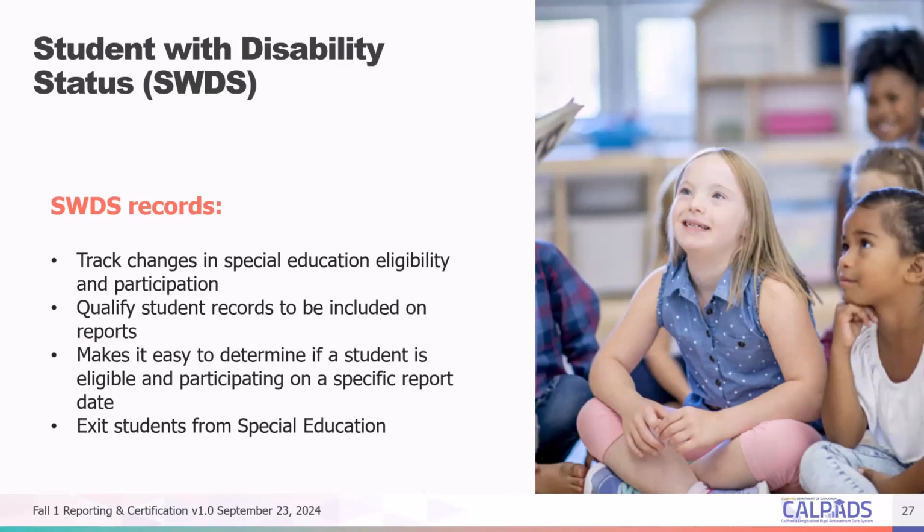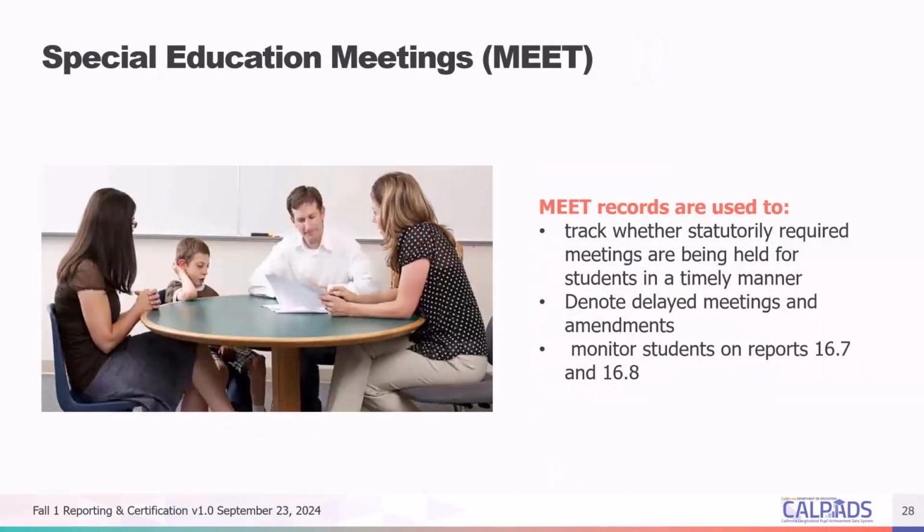A key function now is it exits students from the special education program. And so you have your participation and your status, and those fields are used to, one, identify students who are eligible or not eligible, and then if they're not eligible or if they're eligible and they're not participating, why. The special education meetings file, the MEET, tracks whether or not meetings that are statutorily required are being held in a timely manner.